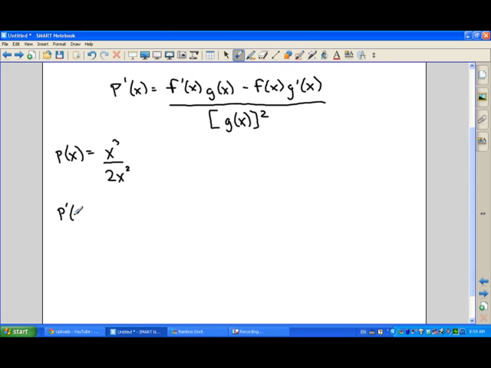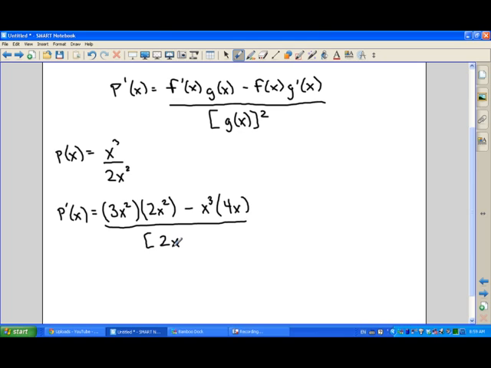So finding the derivative using this form above, we'll take the derivative of the top term, 3x squared, multiply it by the bottom term, which is 2x squared. From that we'll subtract x cubed times the derivative of the denominator, which would be 4x. That's going to be all over the denominator squared.